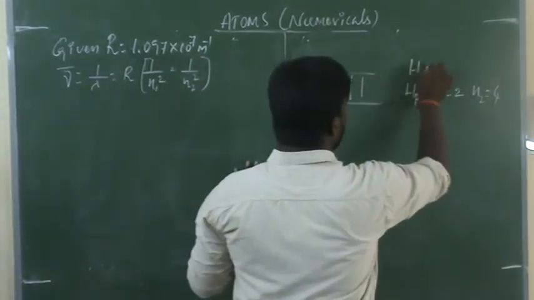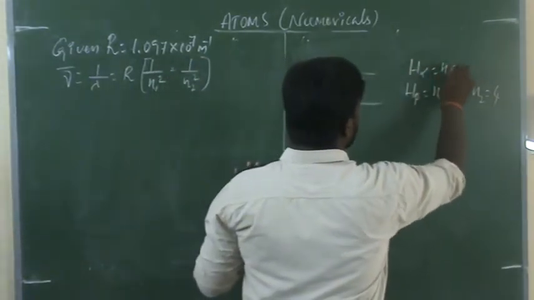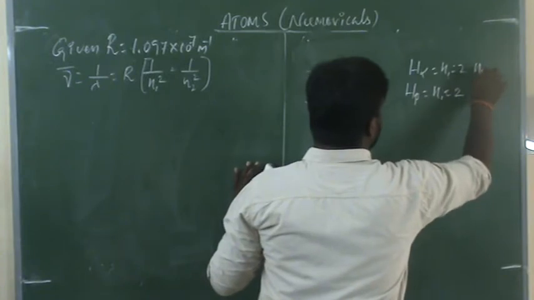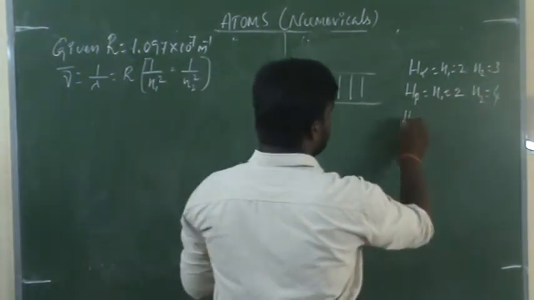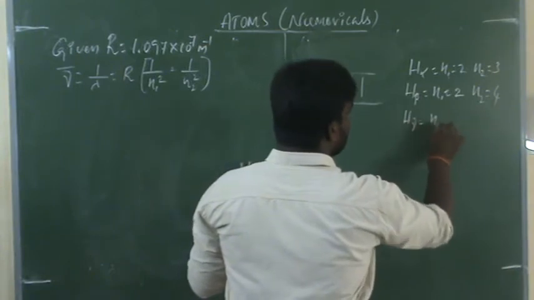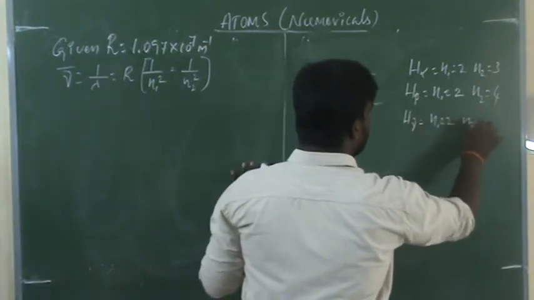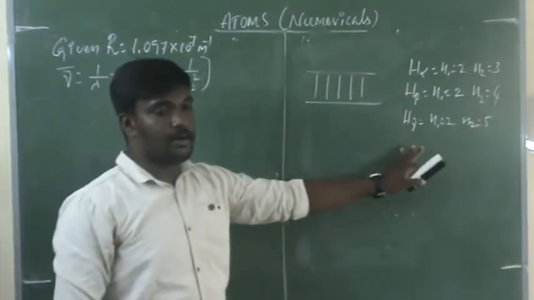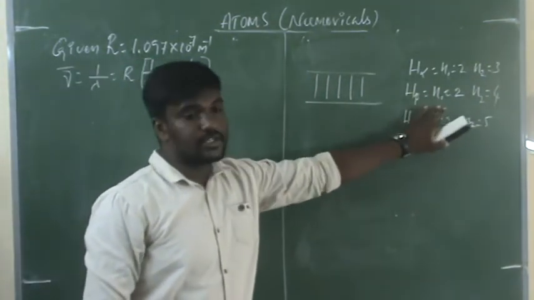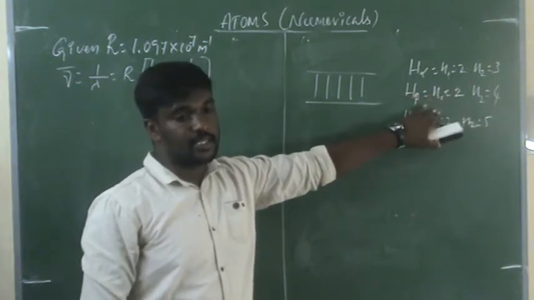H alpha means n1 equals 2 and n2 equals 3. H gamma means n1 equals 2 and n2 equals 5. These are the constant values for Balmer series.